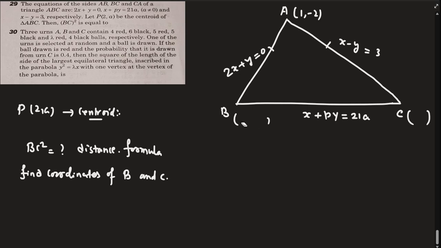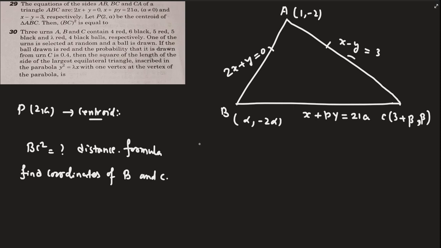If you take x is equal to alpha, then y is equal to minus 2 alpha. If you put the coordinate of C as y coordinate beta, then your x coordinate will be 3 plus beta. So C is equal to (3 plus beta, beta). Is it clear? So you get all the coordinates.